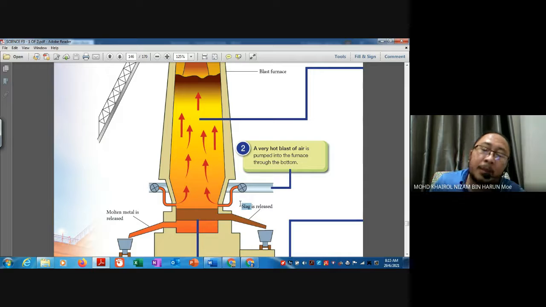So slag, in BM, is impurities. Impurities, meaning materials other than iron, which we do not need. We have no need of these impurities. It means the natural minerals beside the iron, inside the iron ore.